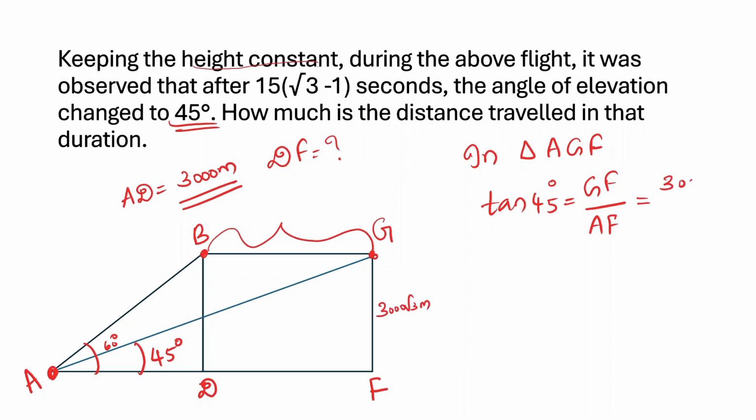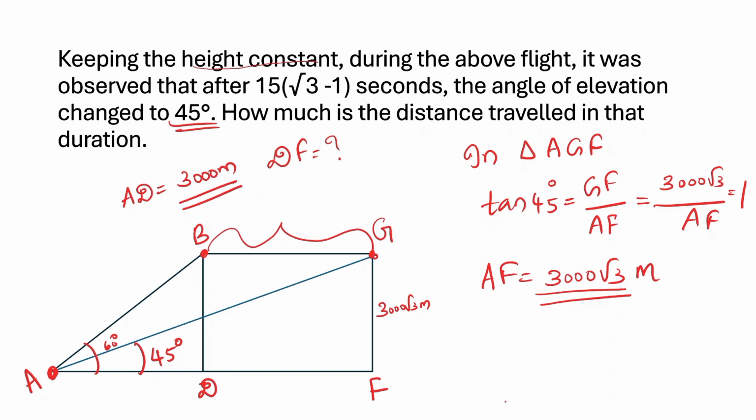GF is 3000 root 3 meters divided by AF. Tan 45 is 1, so definitely AF will be the same as 3000 root 3. My drawing is not perfect, please understand. AF and GF are the same, 3000 root 3 meters.